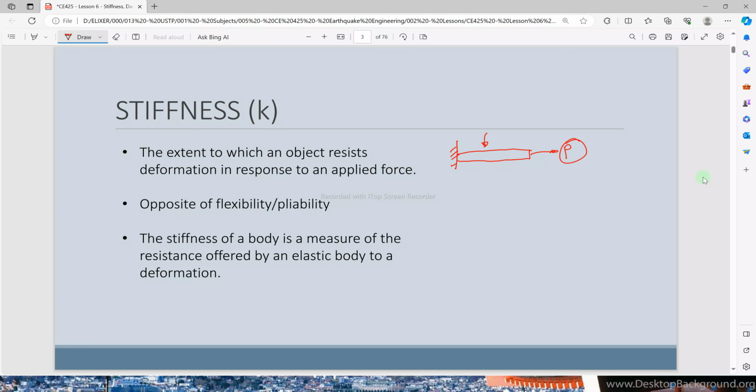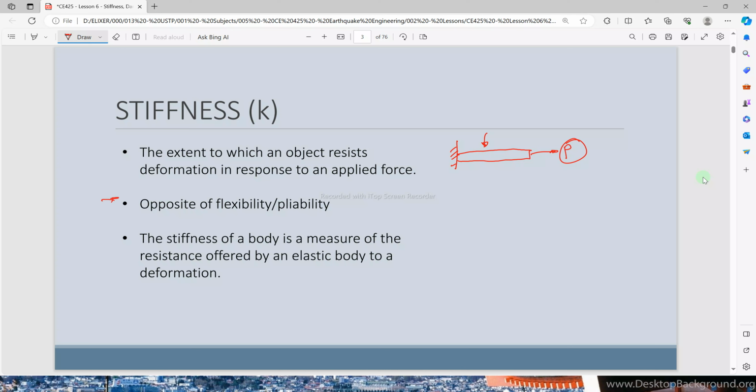So stiffness is the property of a material to resist a force. We call this the elastic restoring force when we apply the concept of Hooke's law. The force is trying to restore the body or the object to its original or neutral position.